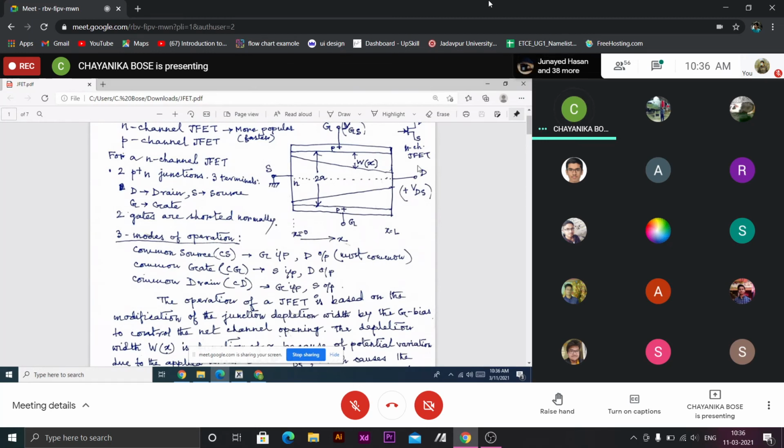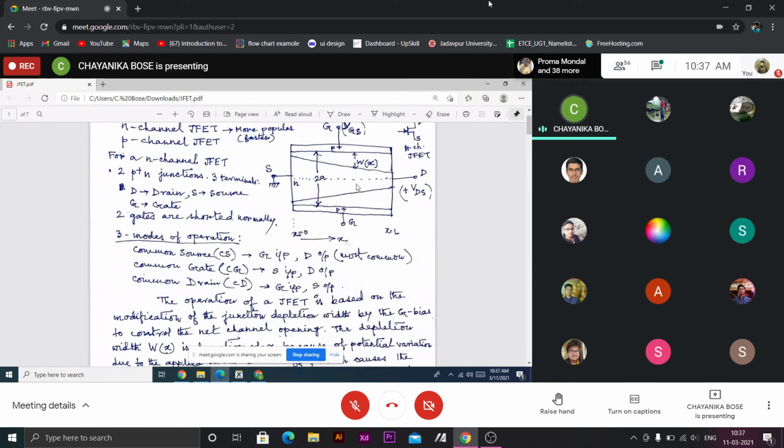And as from the source end, due to the presence of this drain voltage, the N region gets more and more positive potential. The effective reverse bias between this P plus gate and the N channel also increases, and the depletion width also increases from source to drain end.